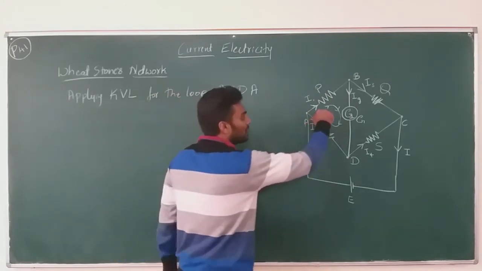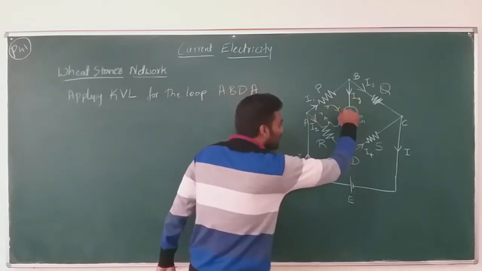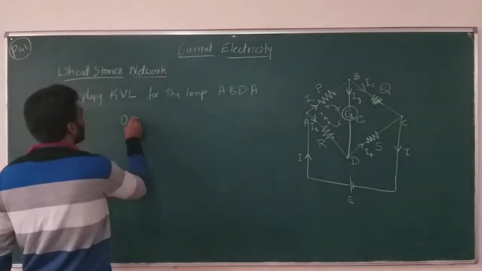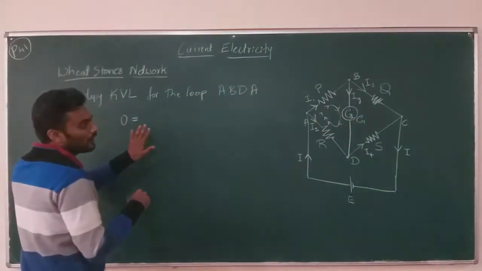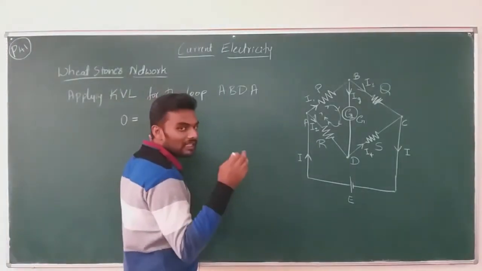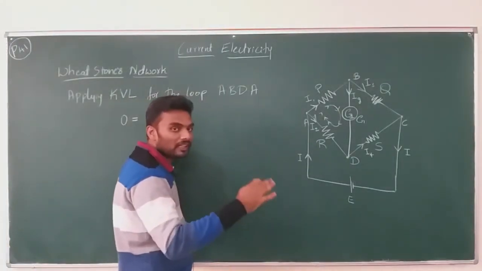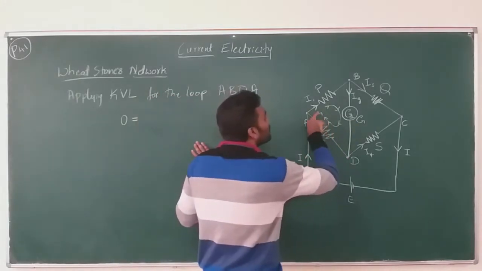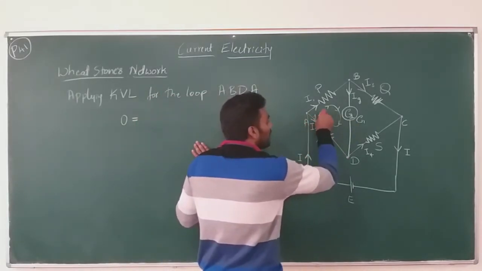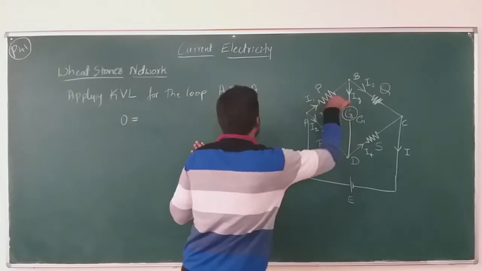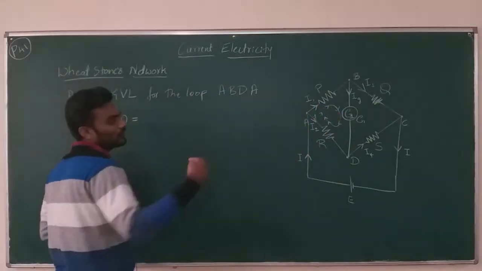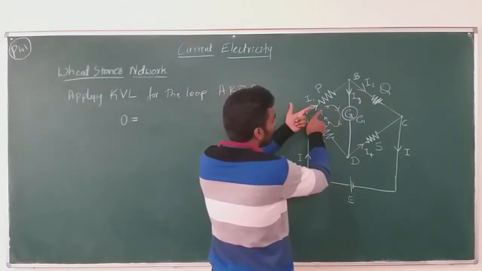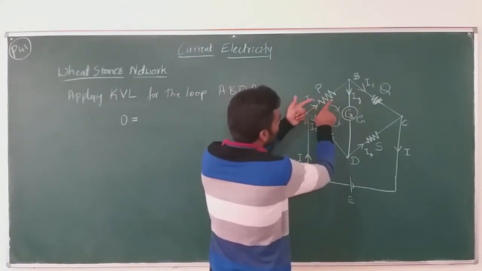Algebraic sum of EMFs. Is there any cell in this loop? No. So, it is 0. Algebraic sum of EMFs is 0 and is equal to algebraic sum of product of currents and resistances of the resistors. So, it is now the RHS part I1P, right, positive or negative? See, current and the direction of traversal are the same.